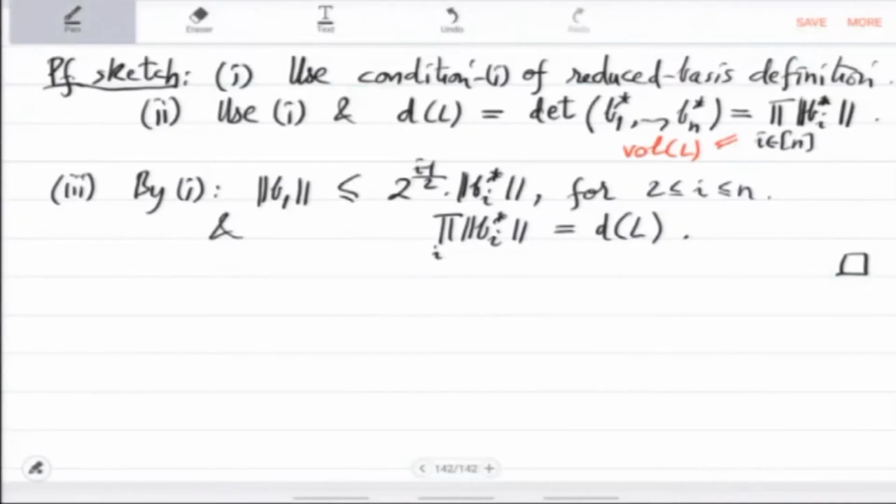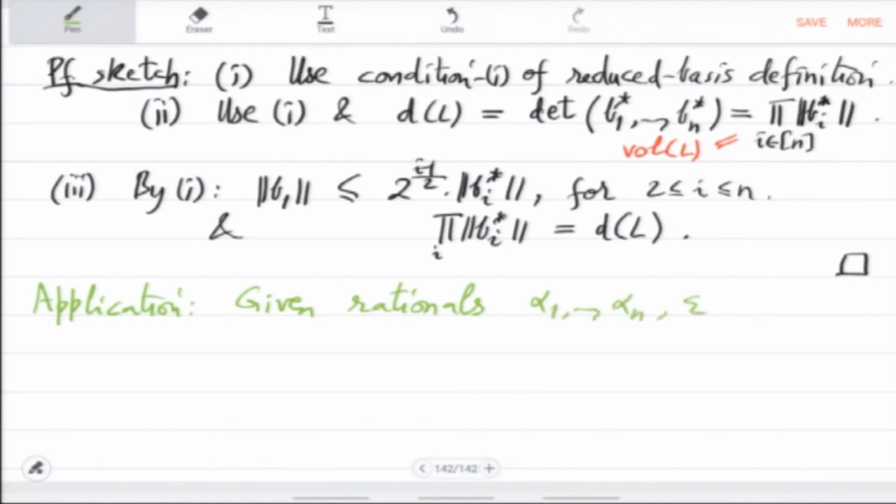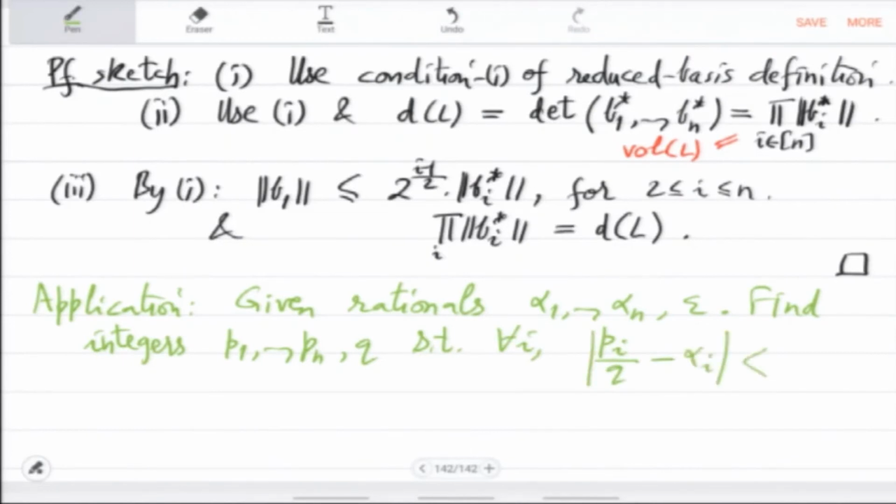So one application where I can stop now is: given rationals alpha 1 to alpha n and epsilon, find integers p1 to pn, q such that pi by q approximates alpha i, and minimize q.